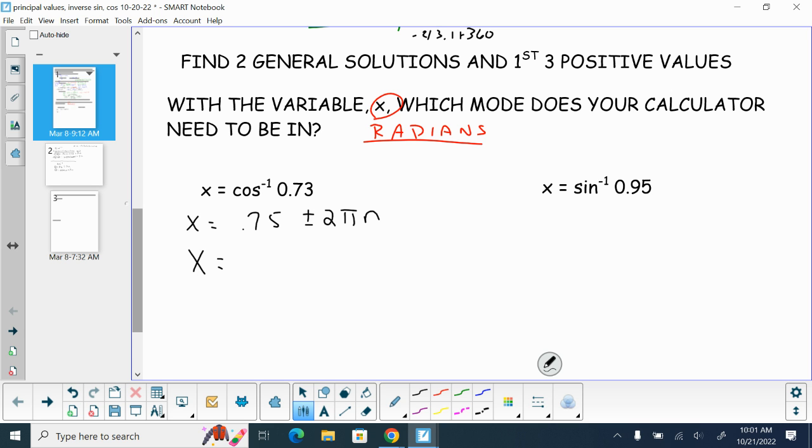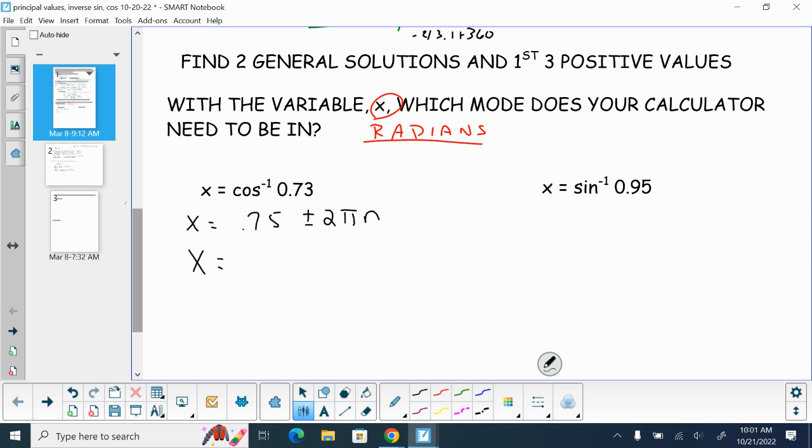The second one comes from what? We just went through it. 0.75, that's our principal value. How do we get the second one? Add 2 pi? Now, what did we just do? What did I just write up here? What did we just go through?